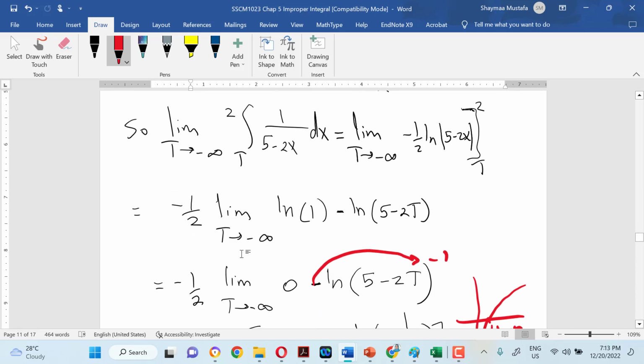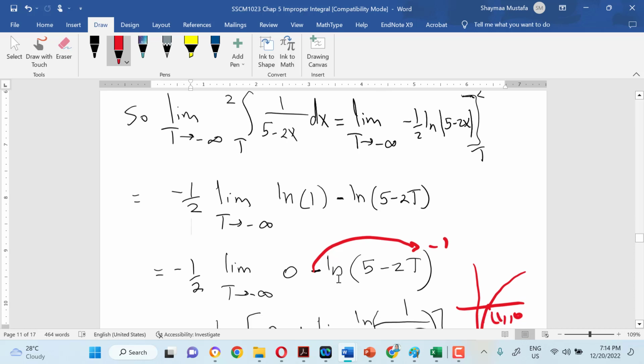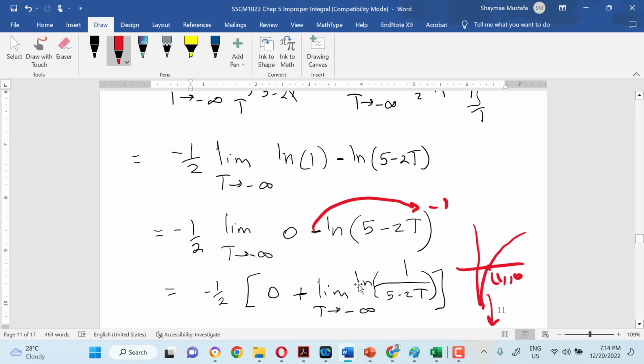Now this is a constant limit when t goes to minus infinity. Logarithm 1 is 0. For logarithm of 5 minus 2t, this is the minus here. I can bring it inside because this is a logarithm, so it becomes logarithm of 1 over 5 minus 2t.